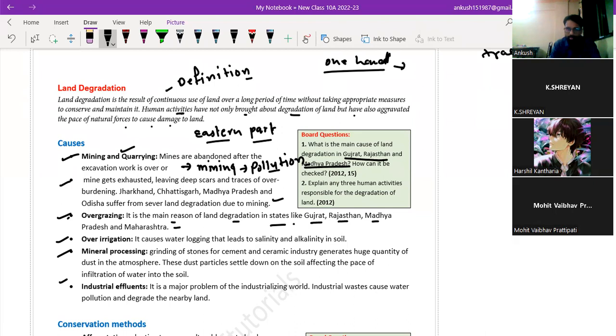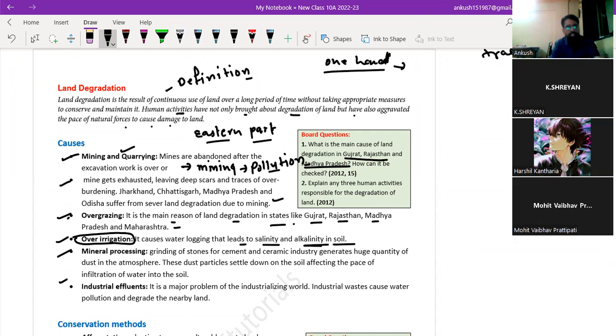Over irrigation. What is over irrigation? Whenever we make the water flow without any barrier, it causes waterlogging that leads to salinity and alkalinity in soil.